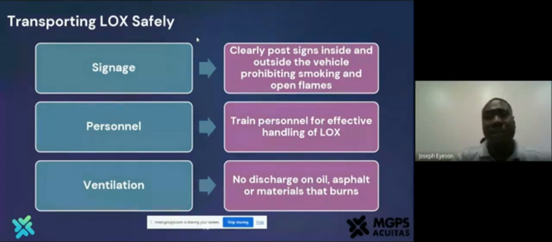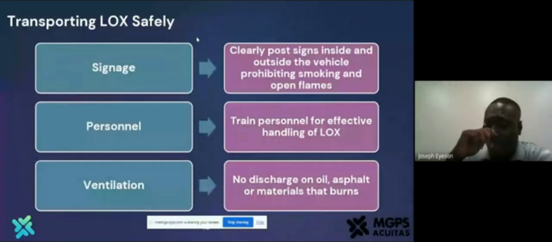Now, in transporting liquid oxygen safely, one of the main things you need to look at is the signages. There should be signages around the tank that is supplying, using an isotank. There should be signages, just like when transporting flammable liquid gases like LPG or petroleum, to indicate that these are highly flammable and can cause hazard, so that people are informed. So there should be signages both outside and around, wherever it is going.